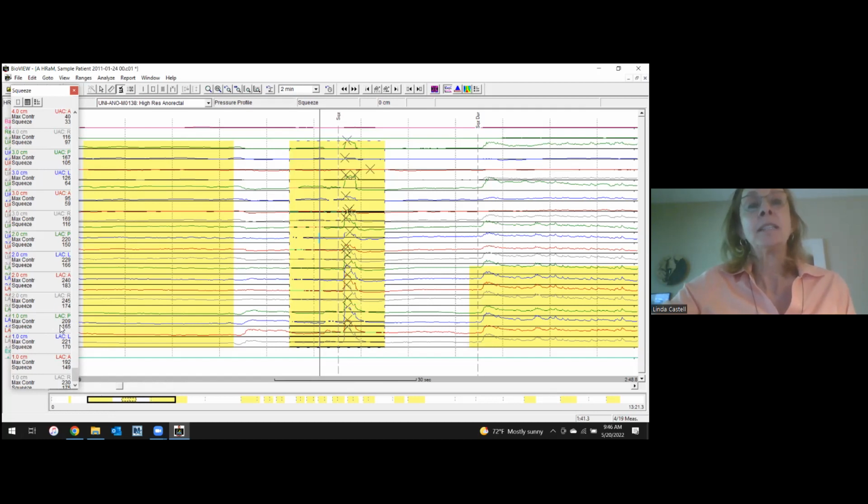Then our squeeze is just external anal sphincter pressure, and that should be double resting. So this patient met that criteria.